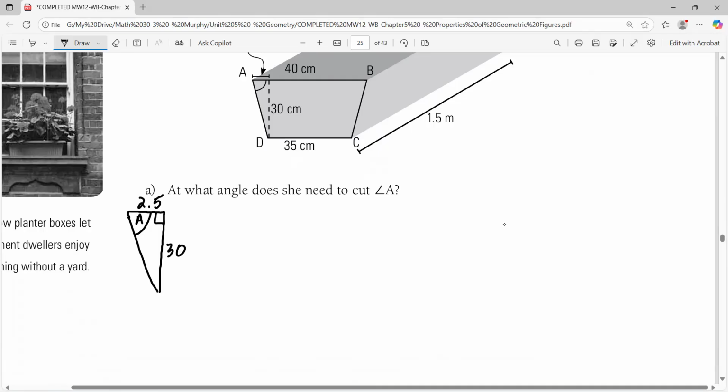So we've got opposite, straight across. This is your hypotenuse, but we don't have a value for it. And then the last one remaining is adjacent. So if we have opposite and adjacent, we should use tan. So opposite over adjacent.